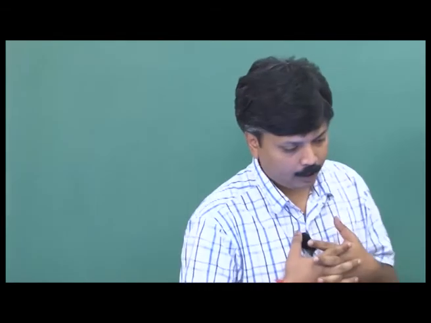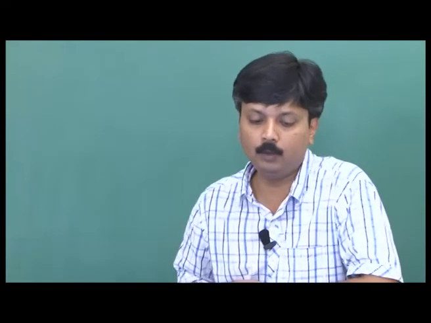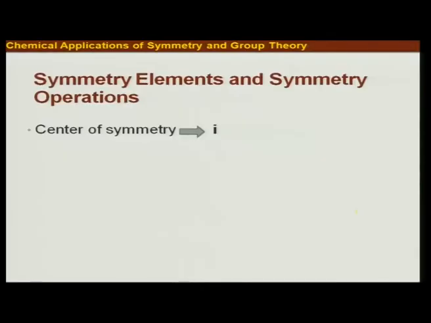Now let's move to the next symmetry element that we need to learn, that is the center of symmetry, also called the inversion center, which is written on the screen. So how do we define a center of inversion?